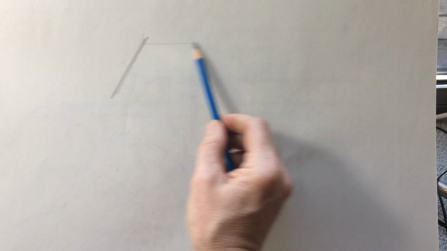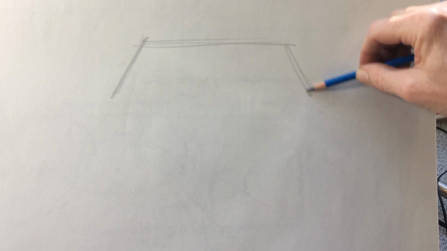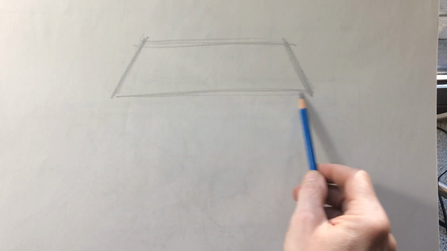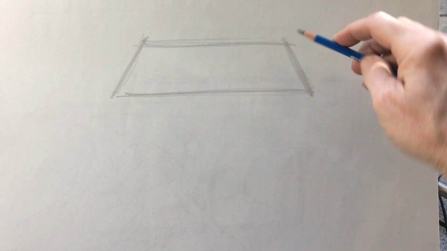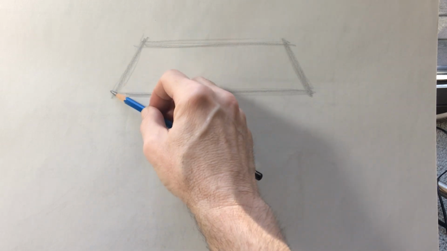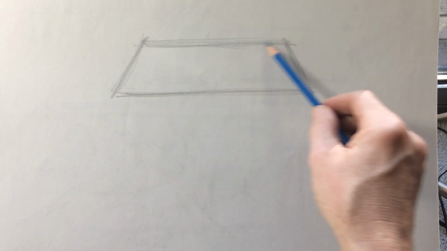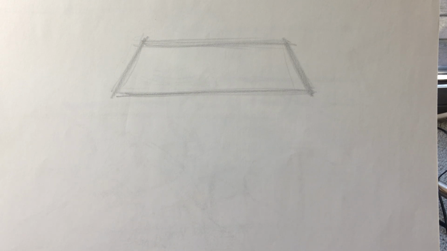Hopefully the idea of some kind of rectangle in perspective is not new to you. I'm trying to think about how to describe this shape, besides obviously being sort of a wide trapezoid. It seems like the back windshield of a car, maybe a car from the 80s, or maybe the front of a car.